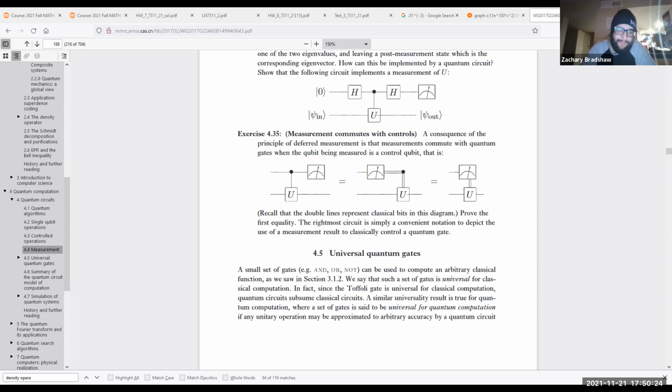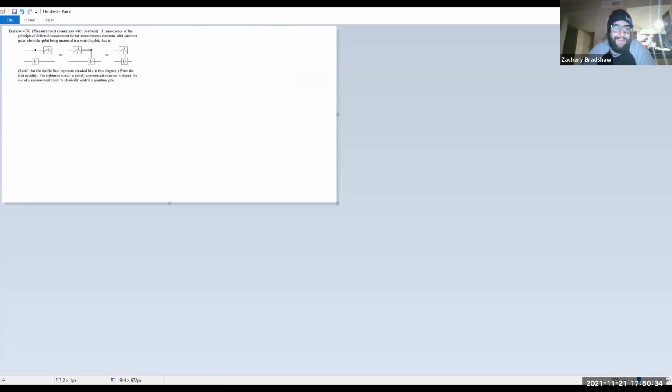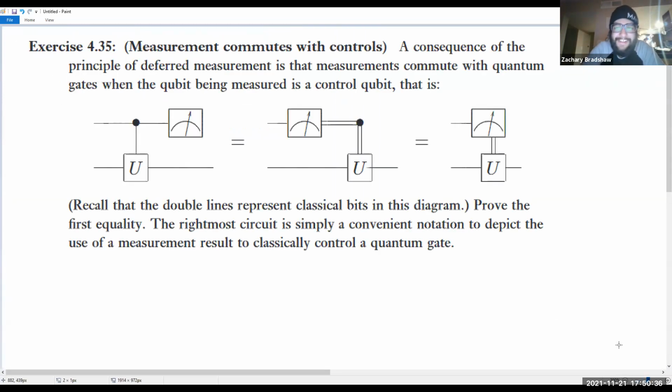A consequence of the principle of deferred measurement is that measurements commute with quantum gates when the qubit being measured is a control qubit.